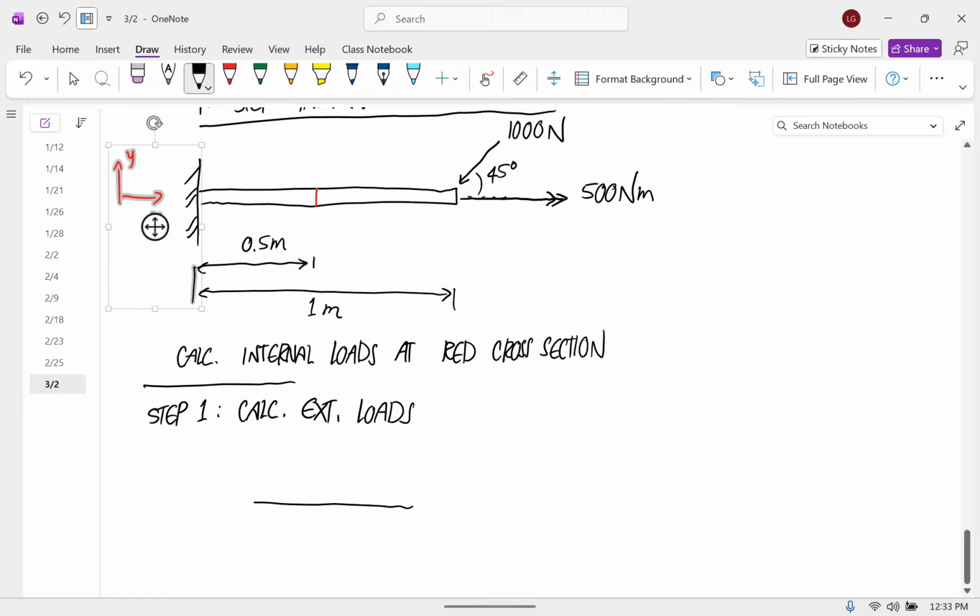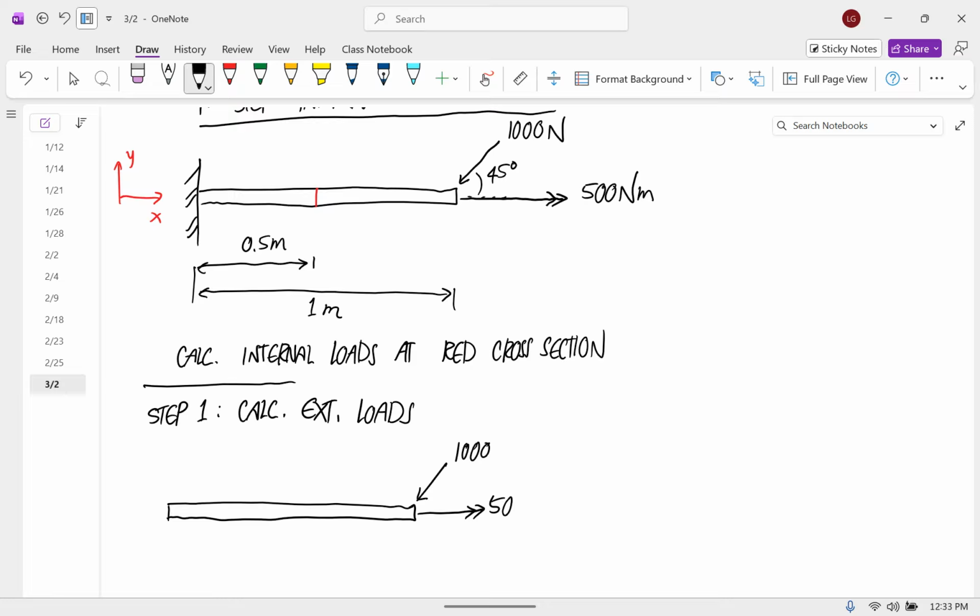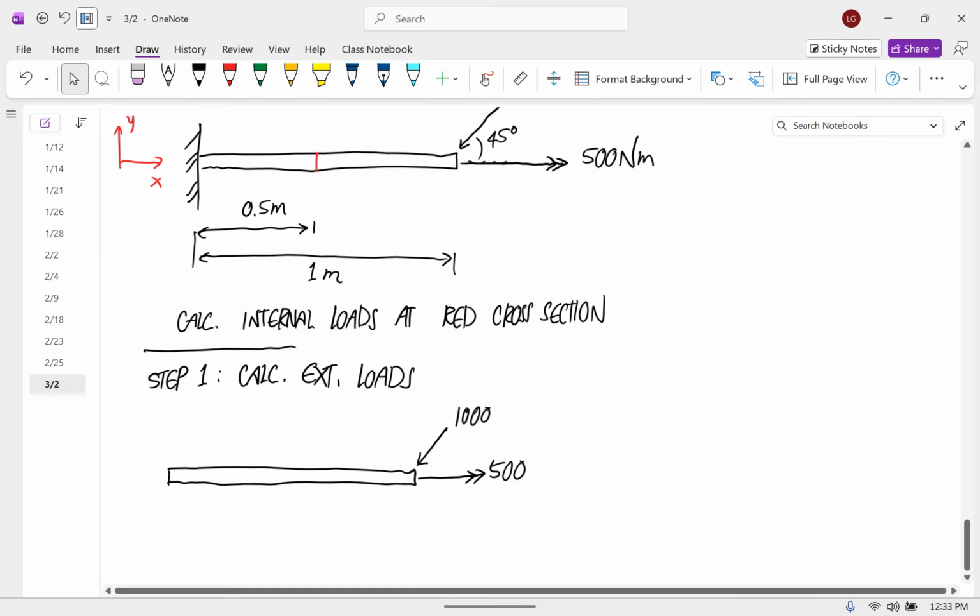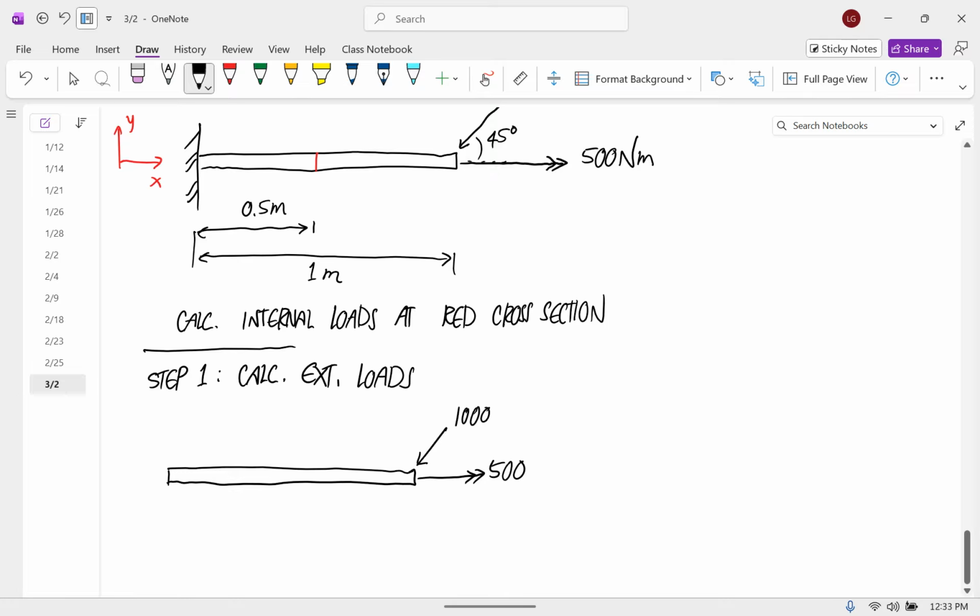So I'm going to isolate the beam. We have the 1,000 Newton force. We have the couple over here of 500. We are neglecting any weight or anything. So the only other external loads are happening at the wall.